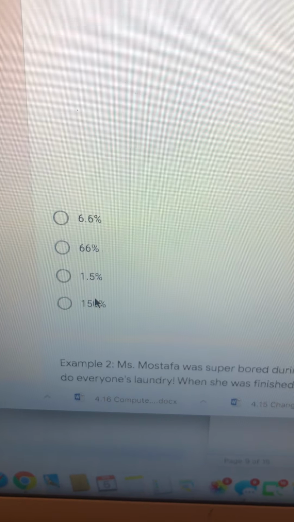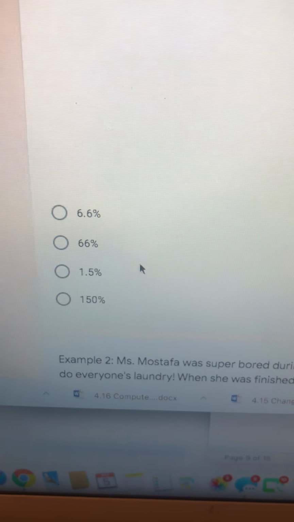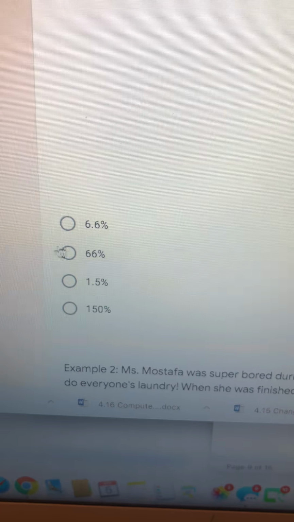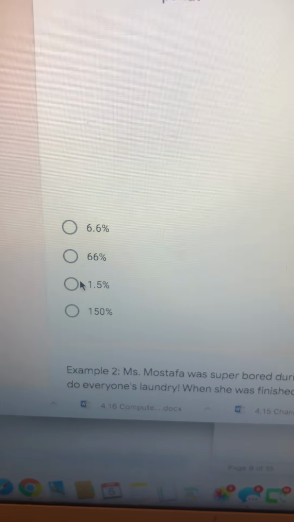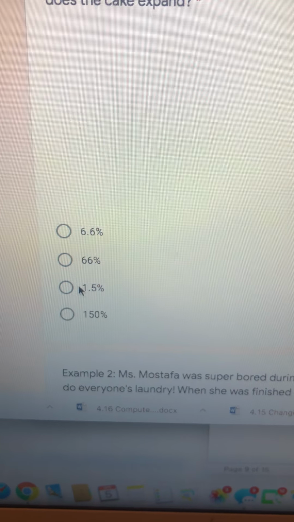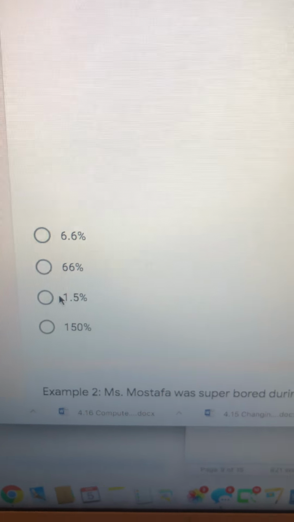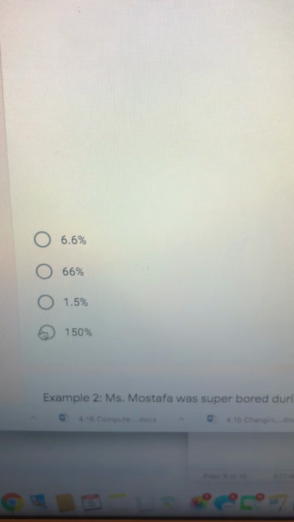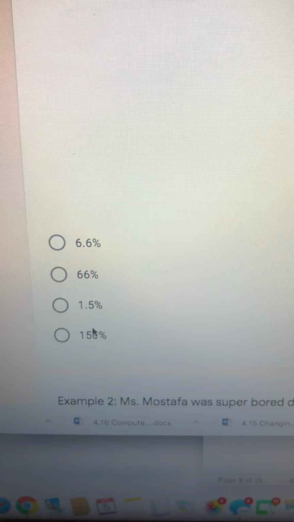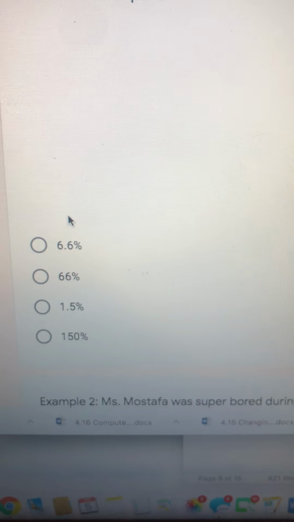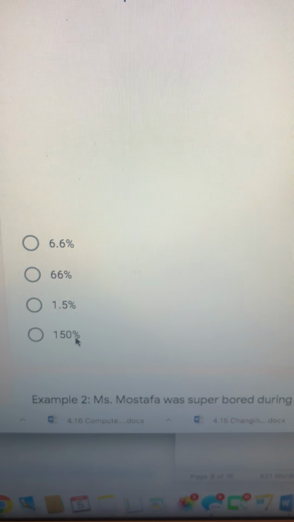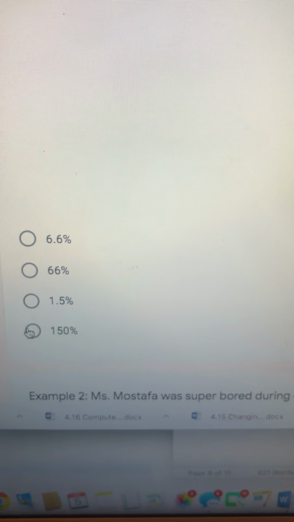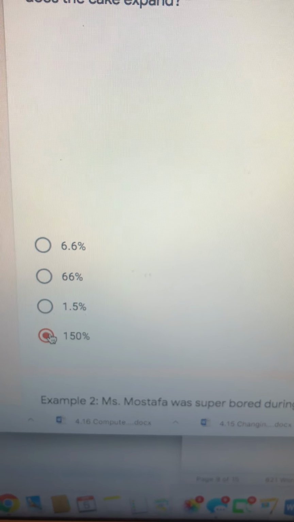And we're looking at the scale factor as a percent. So already, if I look at this, it's definitely not 66. It's definitely not 6.6. And I already know that my answer has to be 150, because if your object is getting bigger, remember the scale factor is greater than 100%, which means the only option really could be my last one.